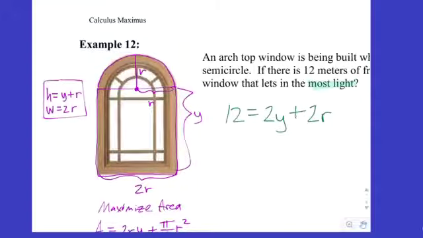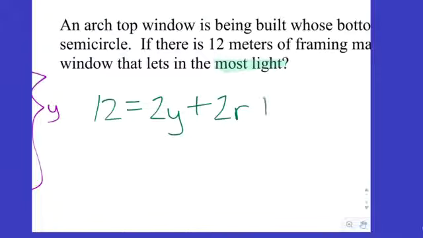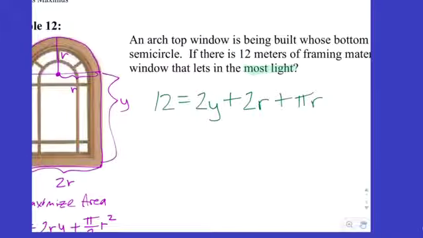And let's assume we don't need a rail at the top. We just now have the last little piece, which is the semi-circumference. Half of the circumference. The circumference is 2 pi r. Half of 2 pi r is 1 pi r. So there it is. 12 equals 2y plus 2r plus pi r.